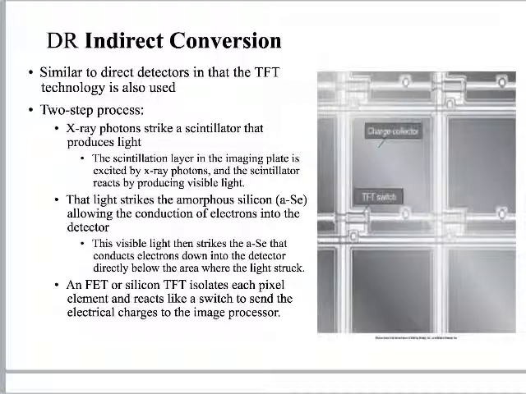The reason we're using amorphous silicon is we're using visible light now. So in this case, the TFT switches are exactly the same. They're just picking up light impressions now as the X-rays interact with that scintillator.